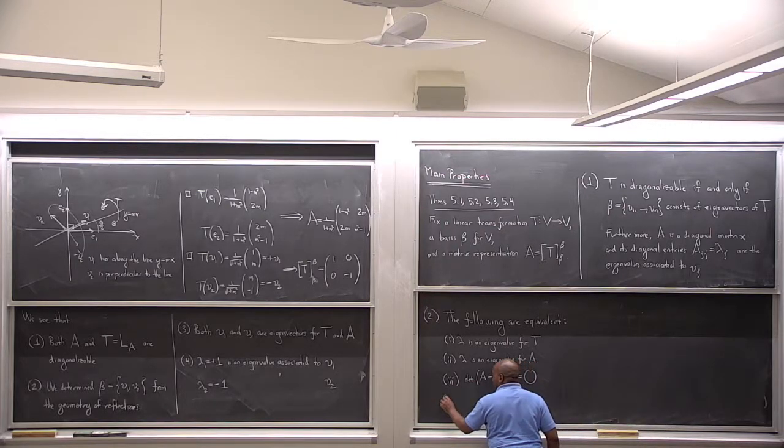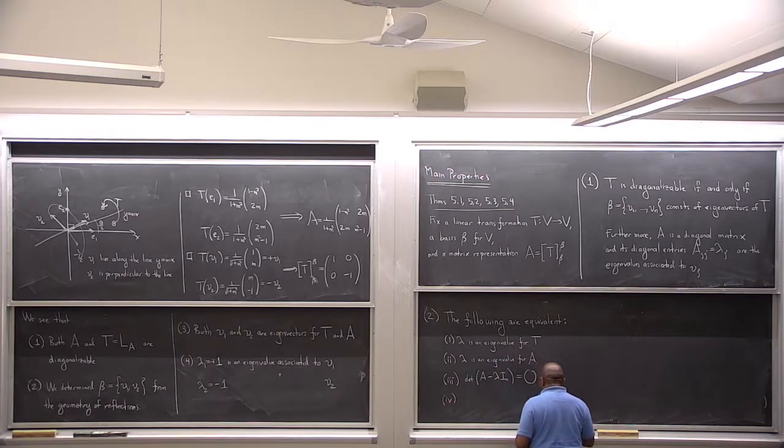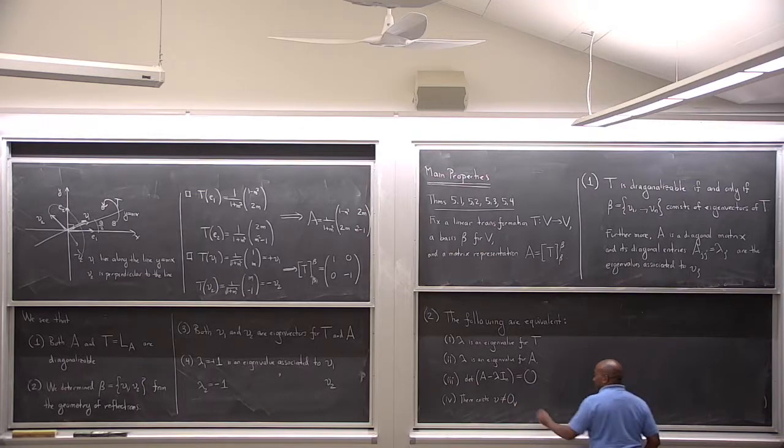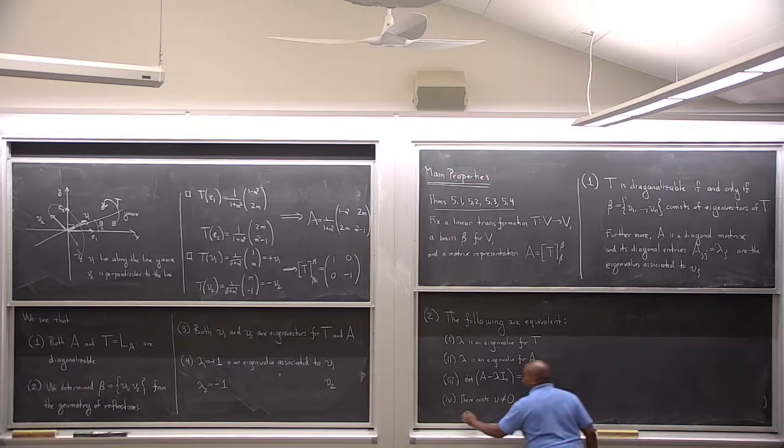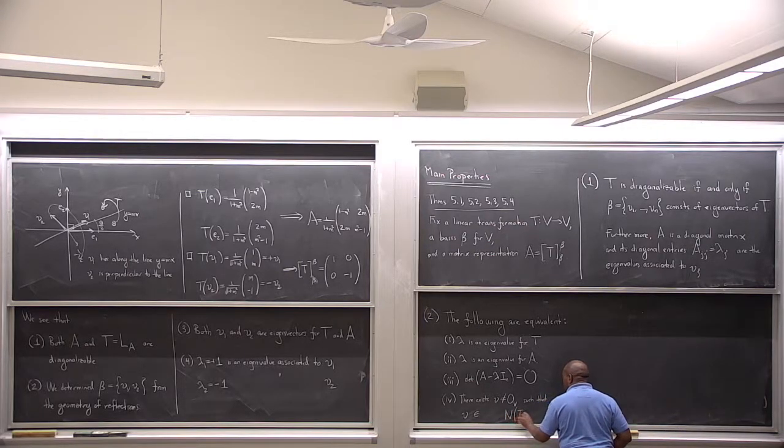And for the 4th one, there exists a vector different from the 0 vector such that this vector v is an element of the null space for this T minus lambda I_V.